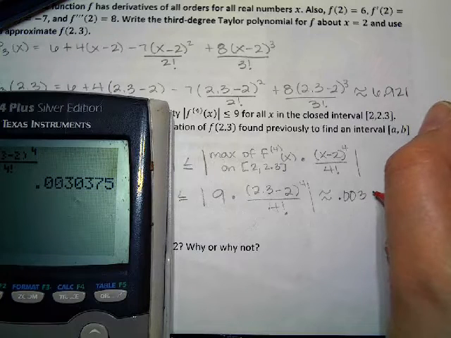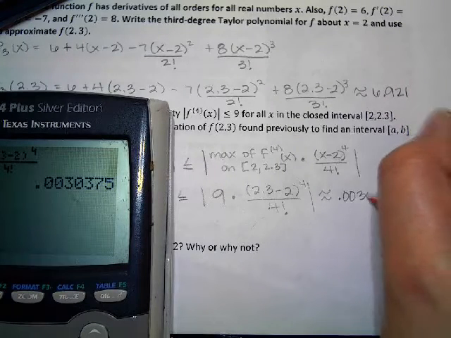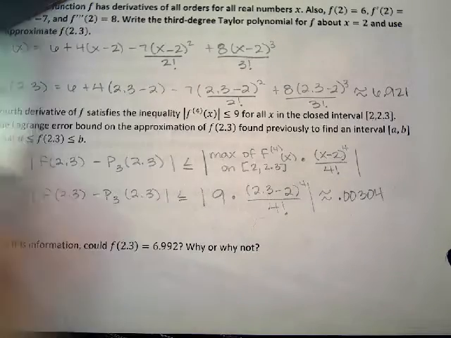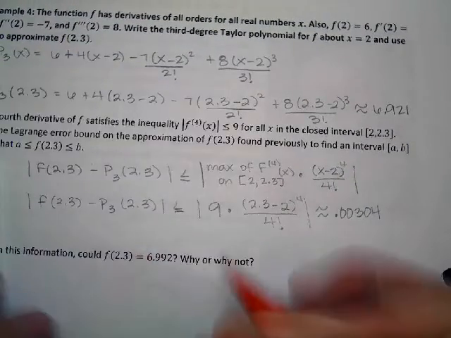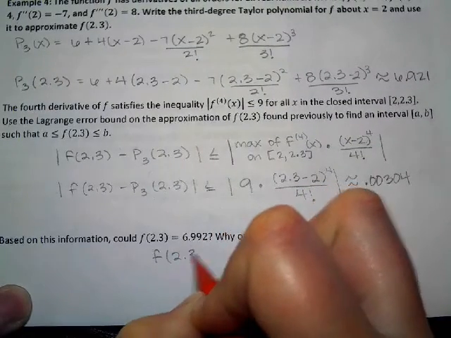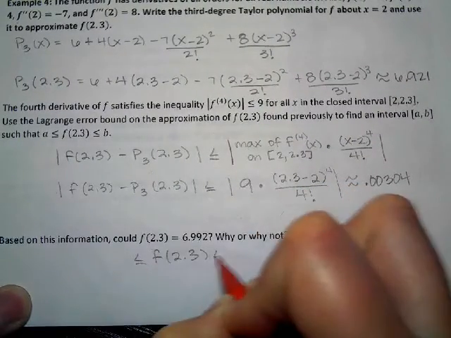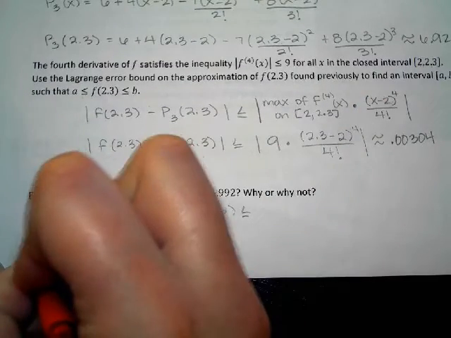All right, so if we want to know if f of 2.3 could be something, we just need to create that interval and see if it works.